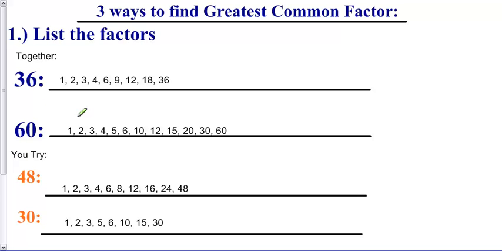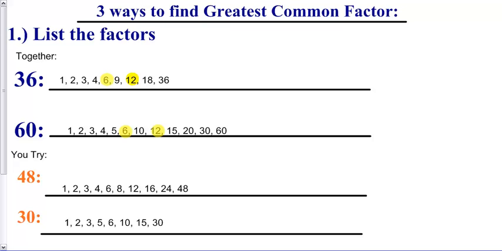So if I'm looking at 36 and 60, what's the largest number that they have in common? Well, I'm looking, and to me it looks like 6 is a number they have in common. 12 is a number that they have in common. So of these, which is the greatest number that they have in common?